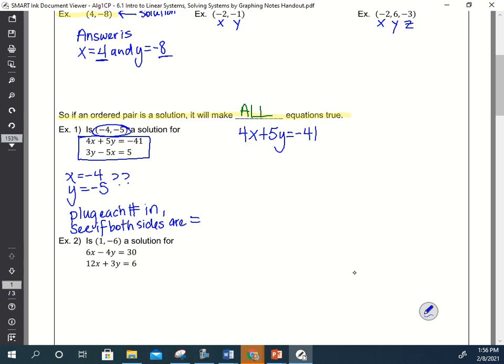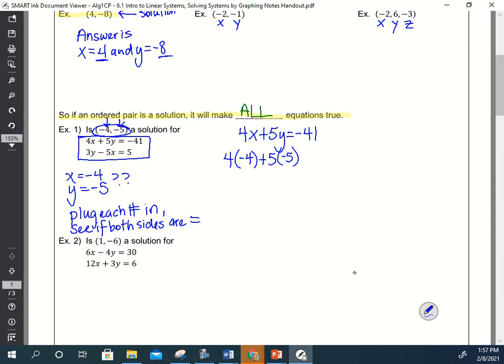So they're telling you that x is -4 and y is -5. So you take those numbers and you plug them in. So that's 4 times -4 plus 5 times -5. If this works, we have to get an answer of -41.